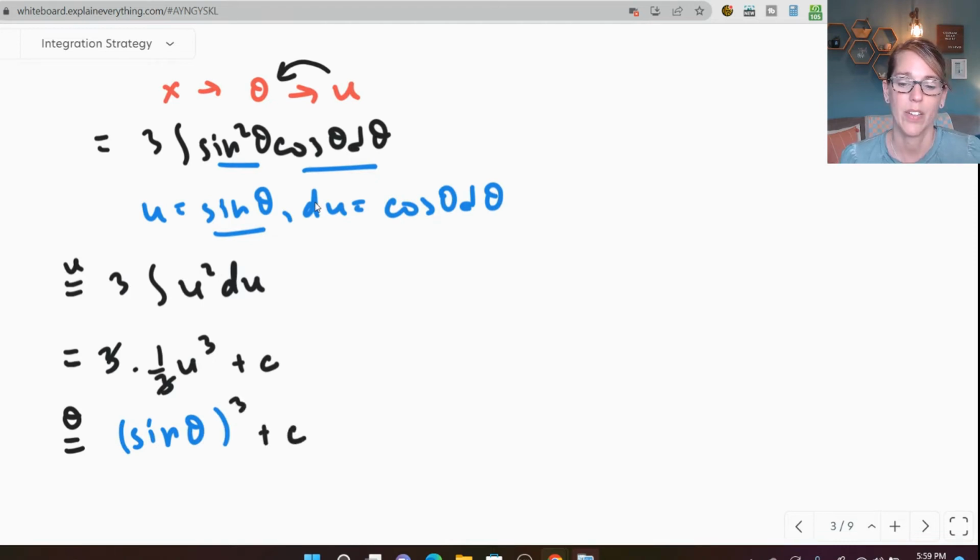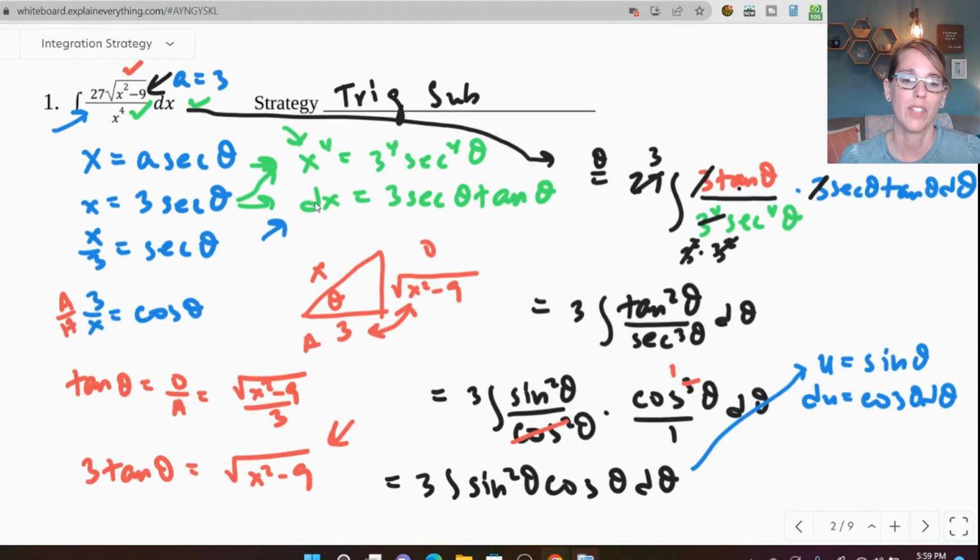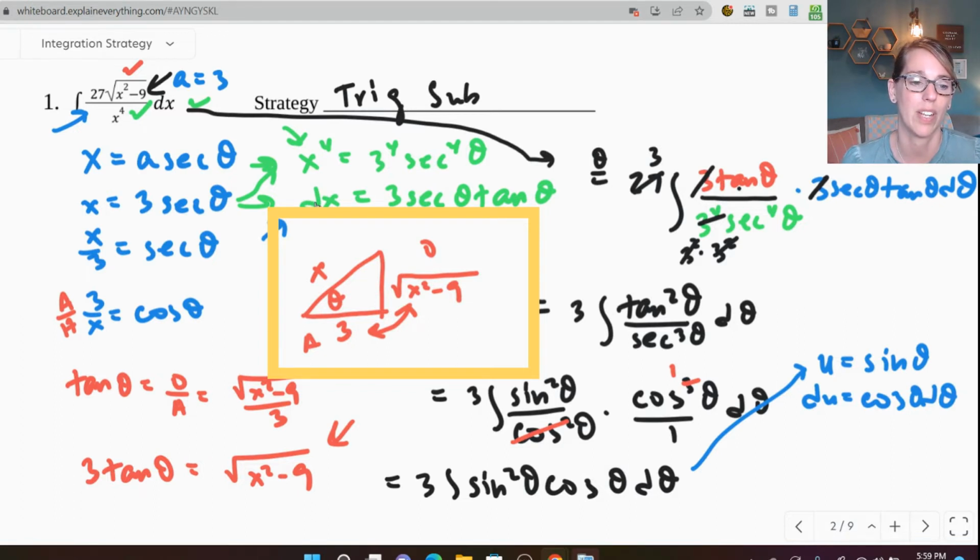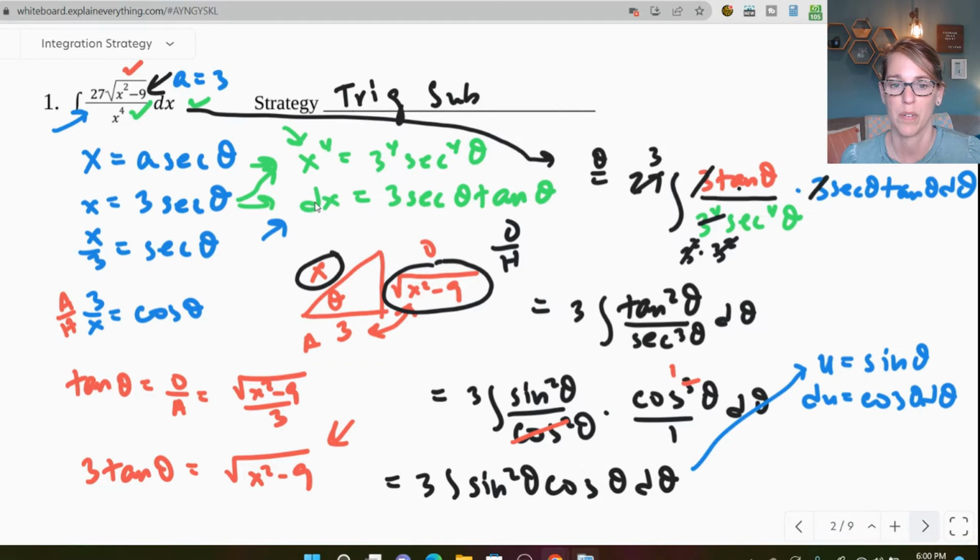plus c. Now I need that triangle in order to figure out what sine theta is. So back to my triangle here, the sine of theta, sine is SOHCAHTOA, so that's going to be opposite over hypotenuse. So the sine of theta is going to be radical x squared minus 9 over the hypotenuse, which is x.